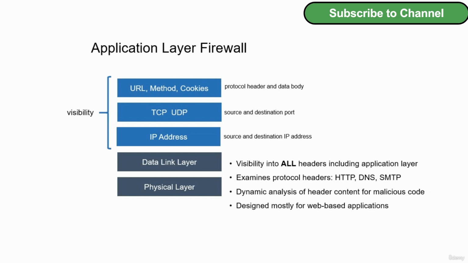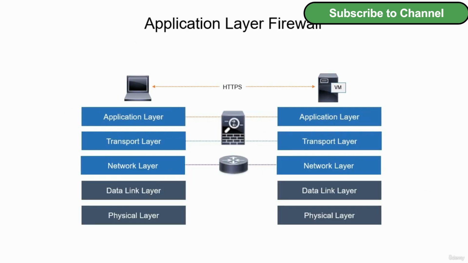So it's designed mostly for web-based applications. This just shows a connection model here: the network layer, and it also will straddle transport and application layer. So it just shows a firewall working at all those layers for an HTTPS session, for example. That just shows the device connectivity.